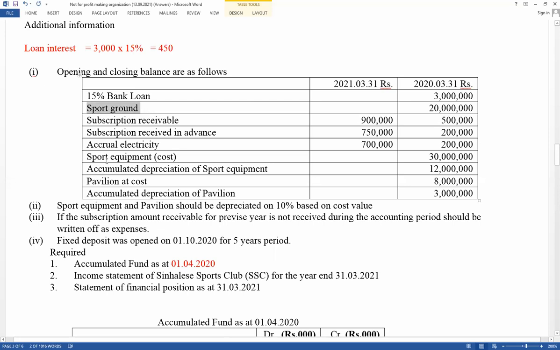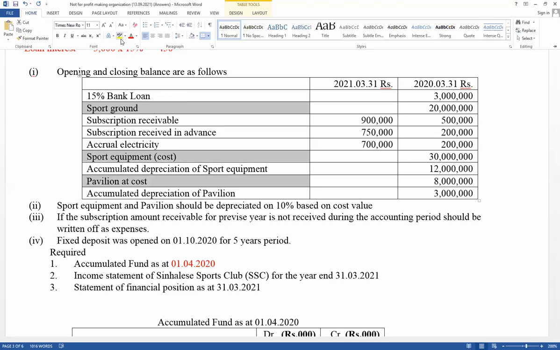At the same time, think about sport equipment and pavilion also. Think sport ground is not disposal, not change. Should be included under non-current assets. At the same time, think about pavilion as well as sport equipment, also not disposal, not change, should be included financial position.